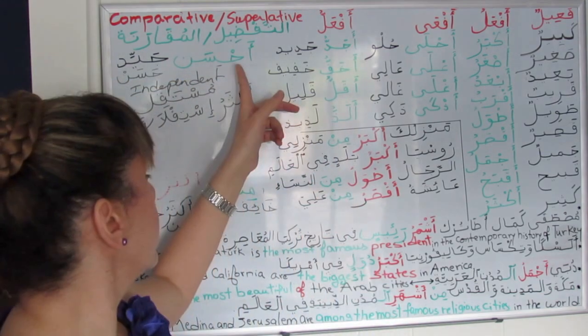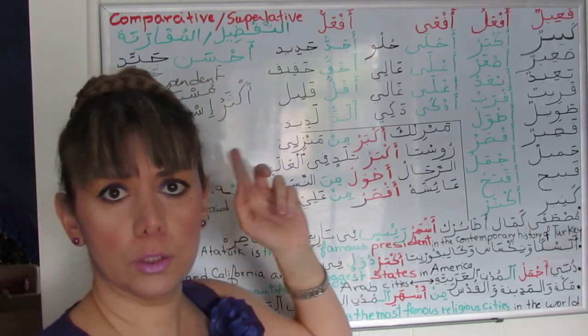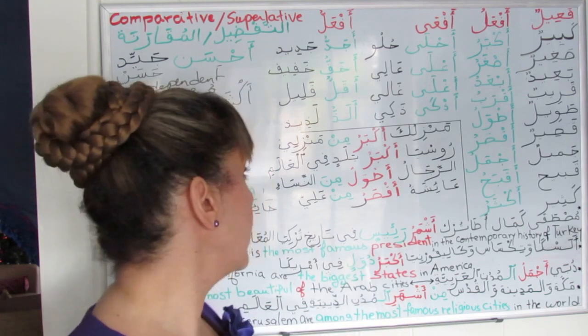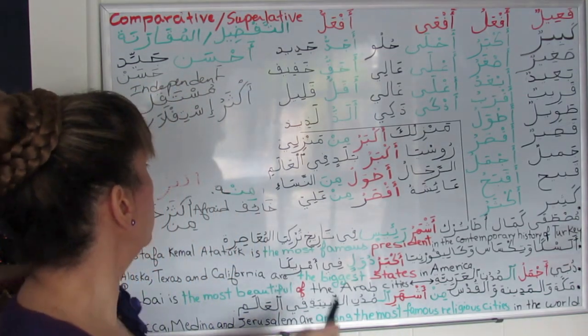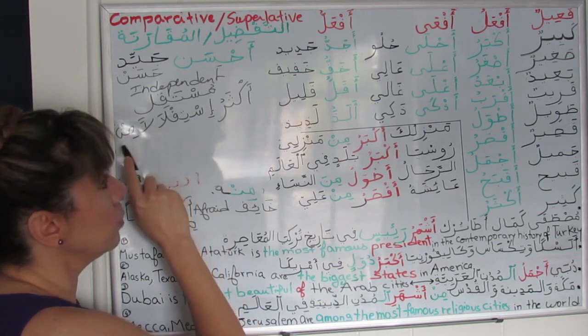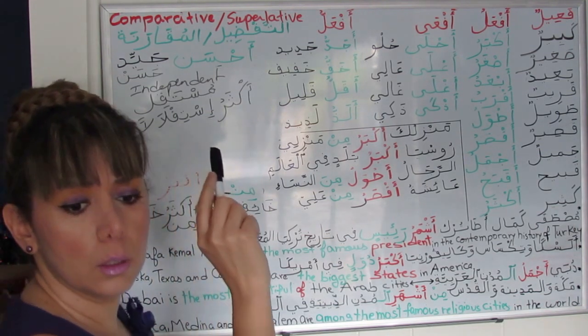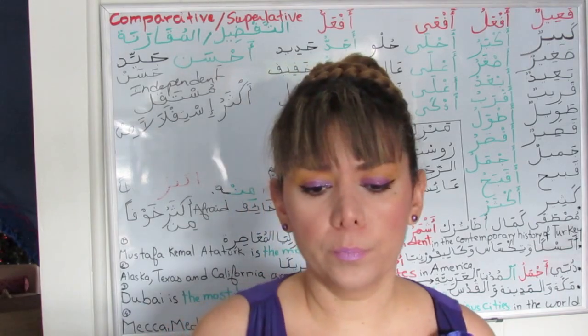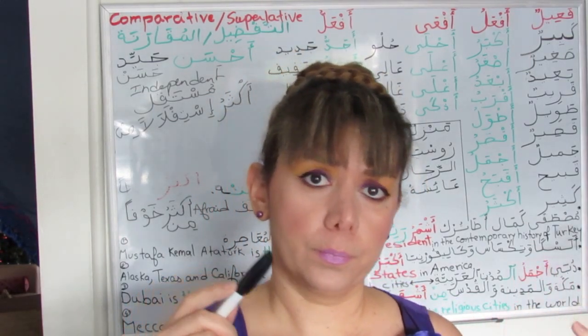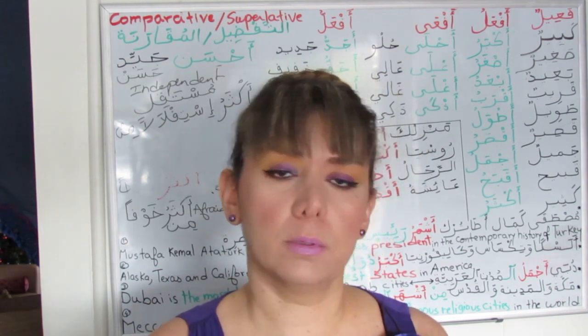We have the irregular adjective جيد, good. We use أحسن as a comparative and superlative, and we use أكثر plus the verbal noun of the adjective plus min for the adjectives that contain 3 or more syllables.